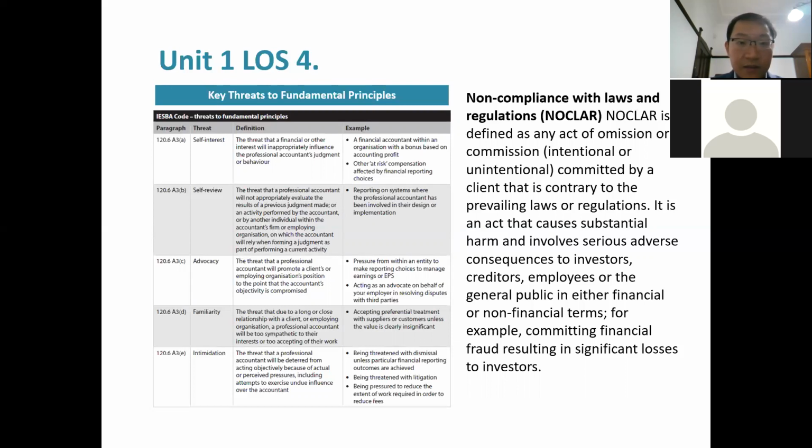If we think about each of these threats, such as self-interest, it means that you will be personally benefited if you do something in a particular way for a particular person. The key message behind these threats is that you need to reduce them to an appropriate level. Of course, the best level is to be fully mitigated against these from happening.